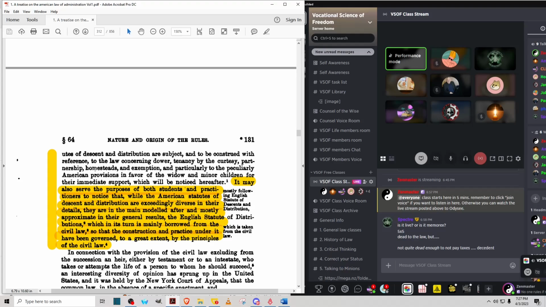Partnership, homesteads, we'll get to homesteads in a second, and exemption, and particularly the particularity, American provisions in favor of the widow and minor children for their immediate support, which will be noticed hereafter.